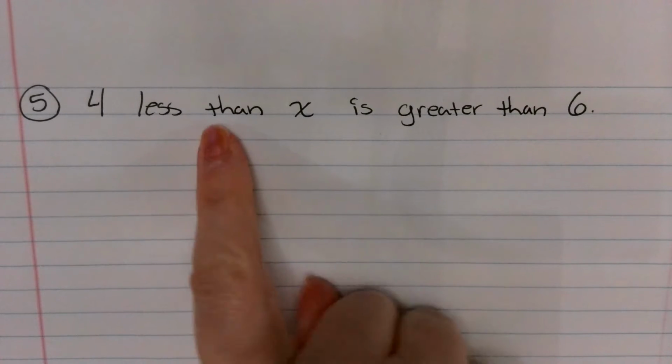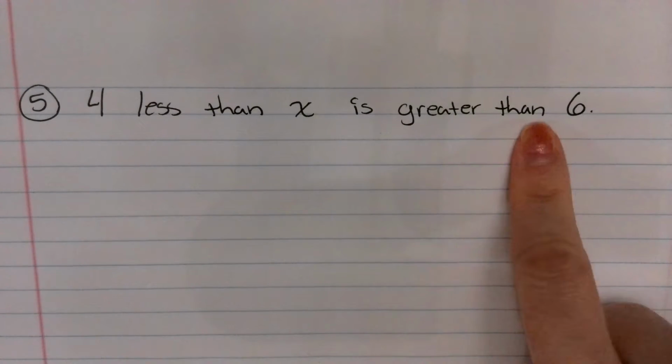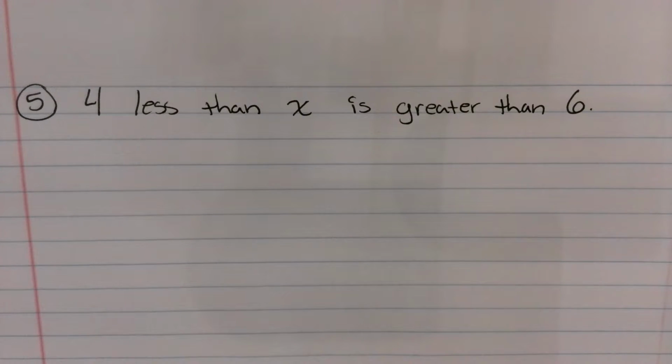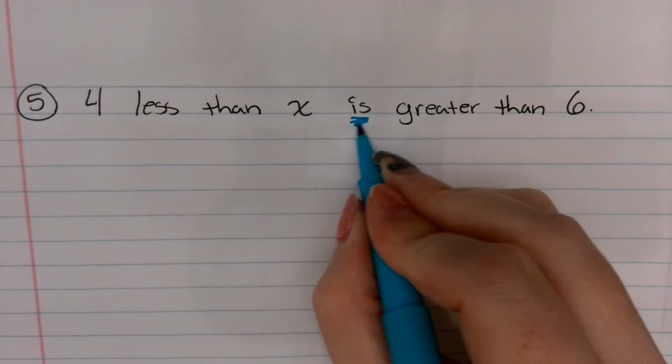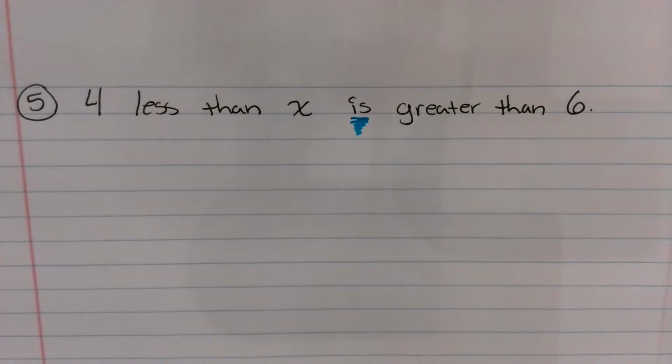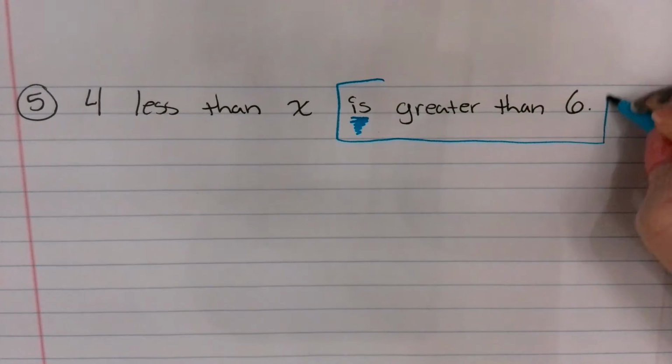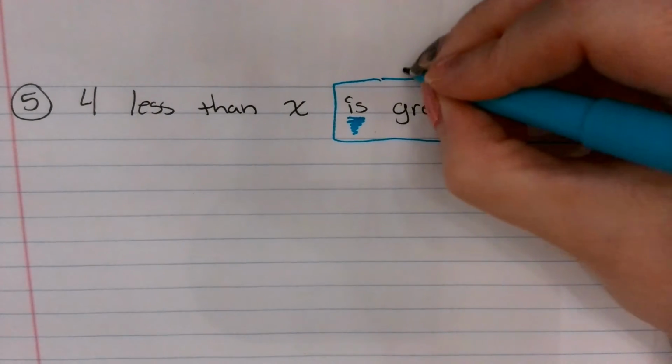You see less than, but you also see greater than. So the way that we know one of them is an operation and the other one's an inequality is by this word right here, is. Is greater than 6 means that's the inequality.